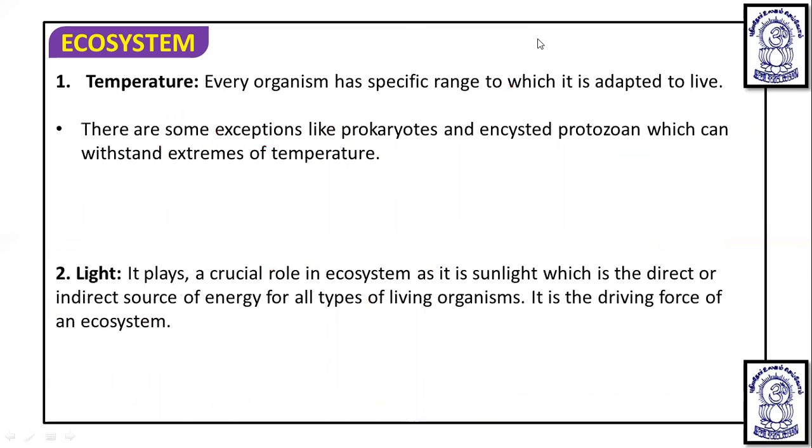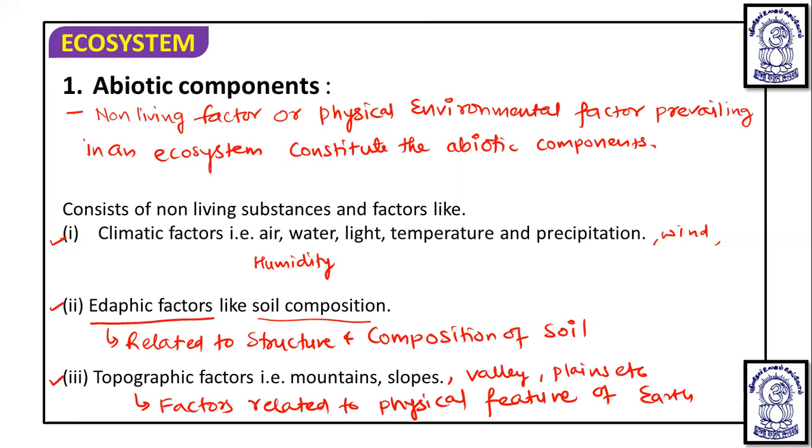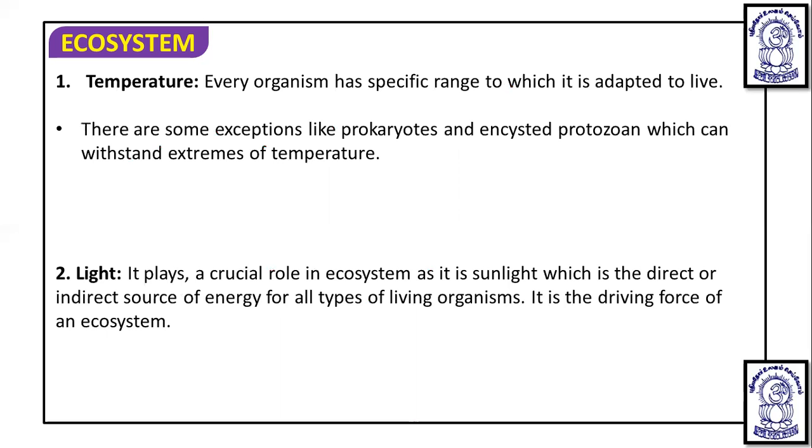Now, apart from this, if we talk about these abiotic factors in detail, take temperature first. We know that every organism has a specific range to which it is adapted to live. Some organisms live in extreme temperature, and some organisms cannot survive in these extreme or harsh conditions.